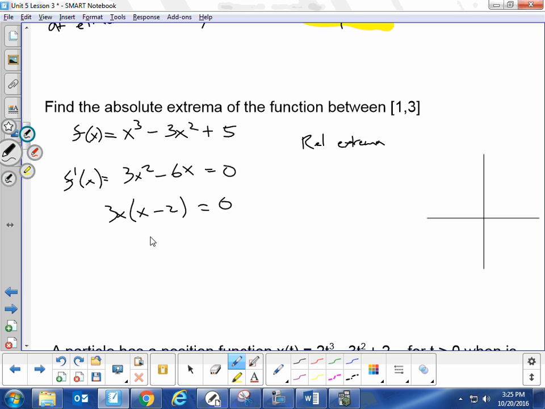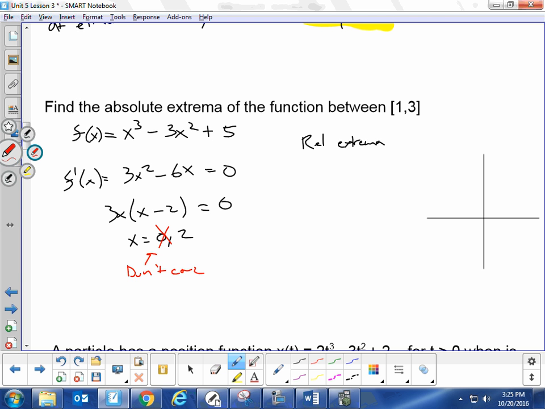Same as our first one. Now, 0 is outside of my interval, so I don't care. Okay. Now, a couple things we can do.